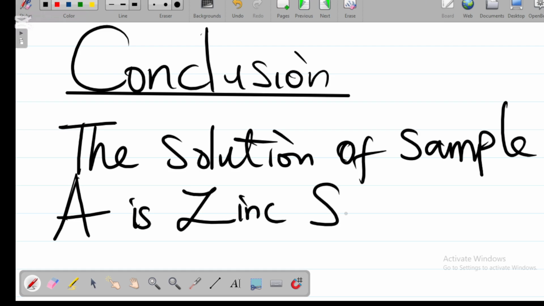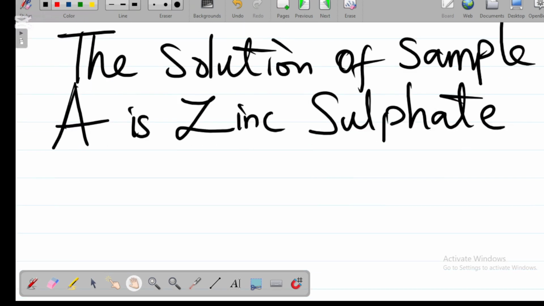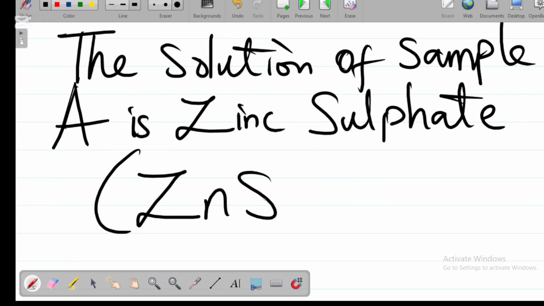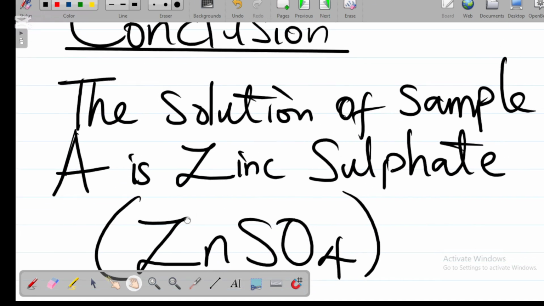Zinc what? Sulfate. That's the solution of sample A. So we have here zinc sulfate. All right, kindly fill your manual like this.